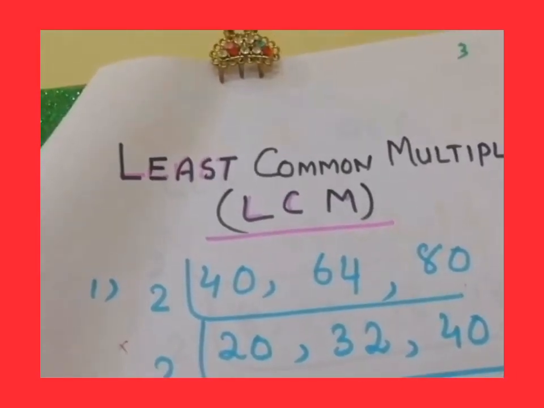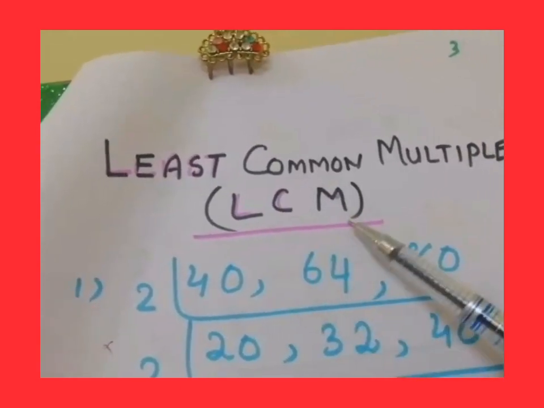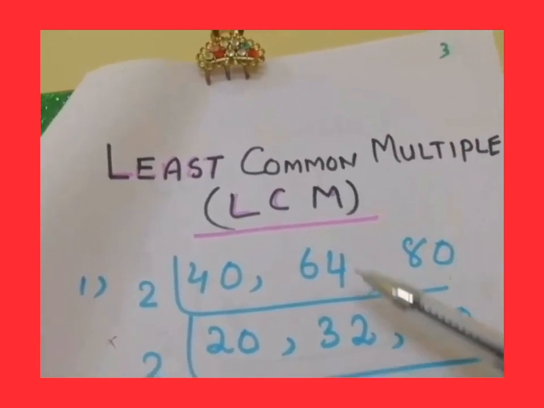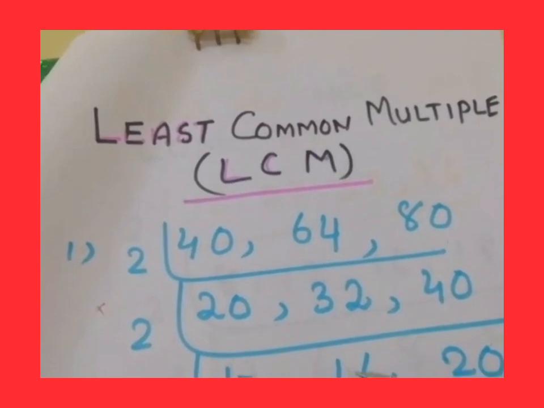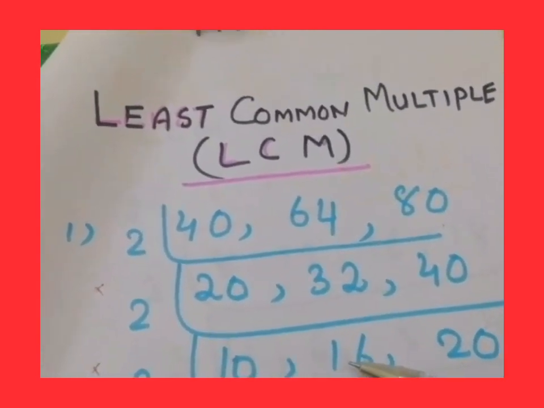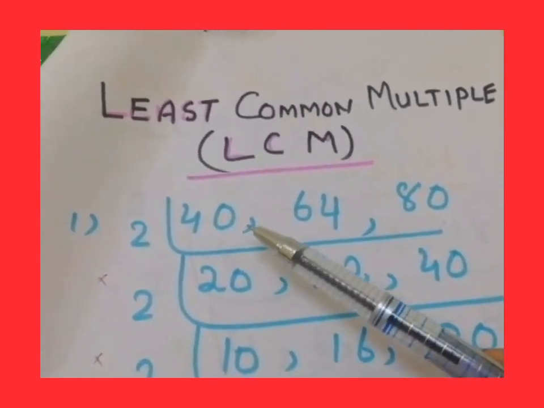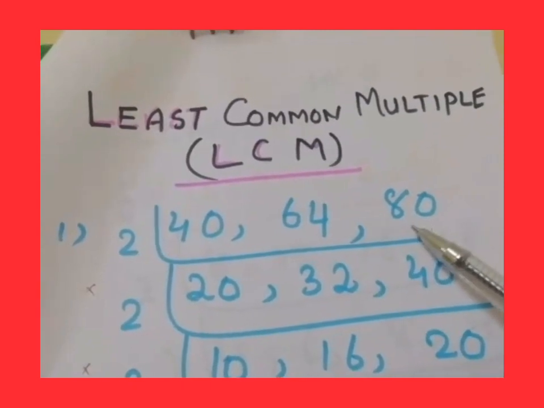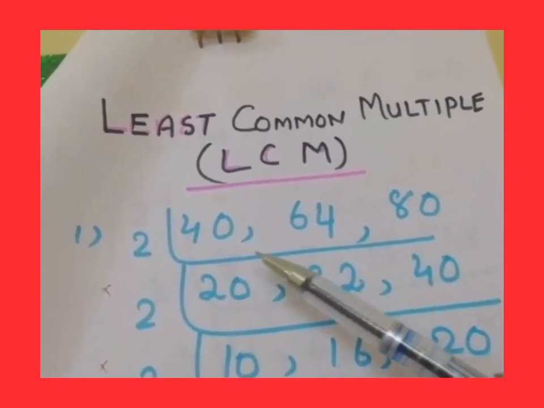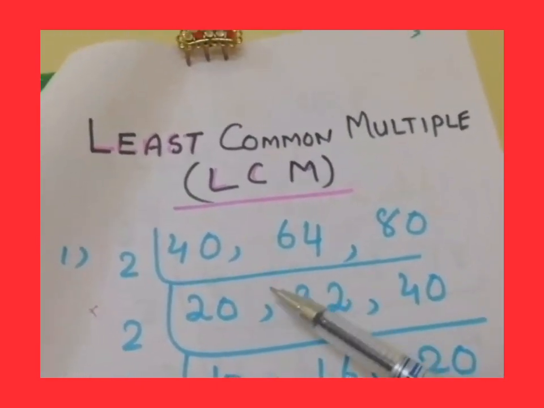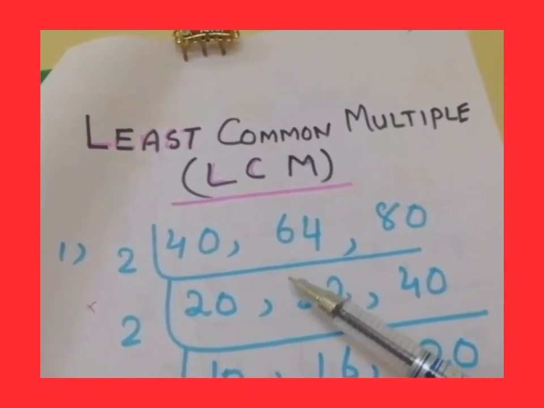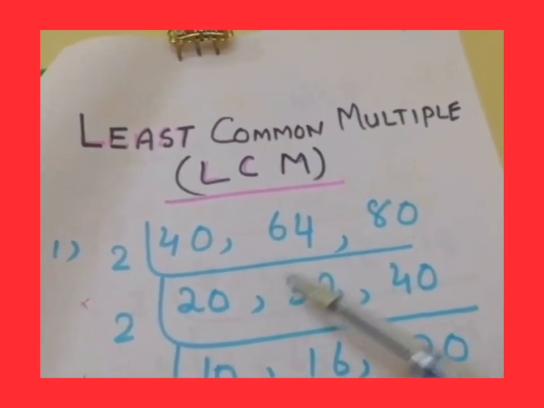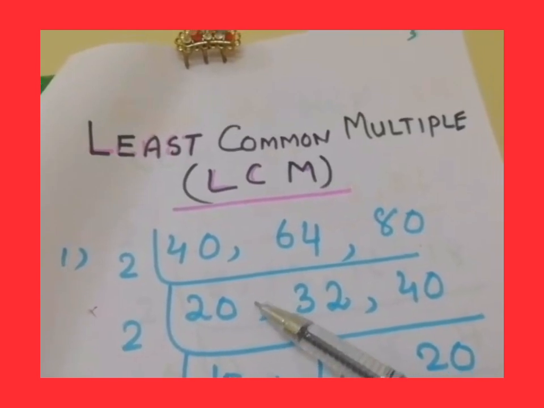Now it is LCM, least common multiple. Here also the procedure is the same for 2-3 steps. So here same numbers 40, 64 and 80. Find out the common factor for any 2. Here the difference is for finding LCM, do not wait for the common factor for all.